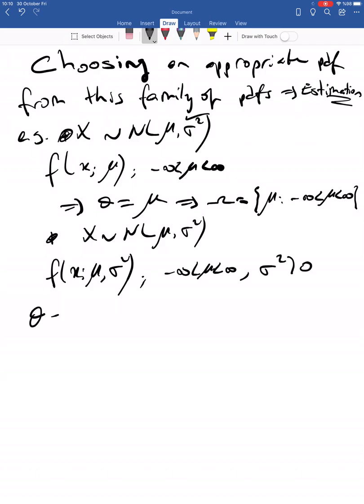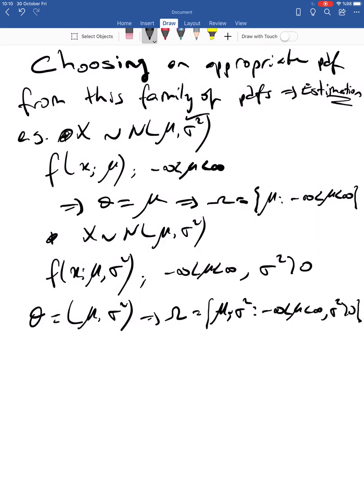Then we have a vector of unknown parameters theta, and our parameter space as we defined before is mu and sigma square such that mu is in the real line and sigma square is a positive continuous variable. Then our point estimates will be theta hat equals mu hat and sigma hat square.